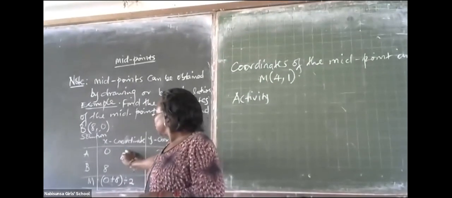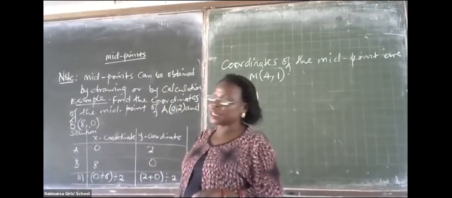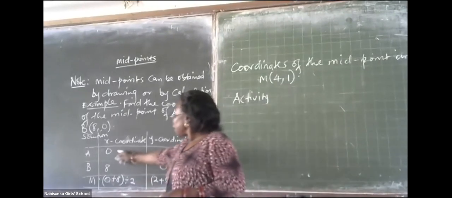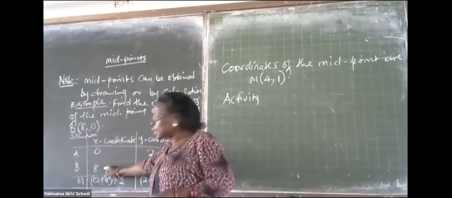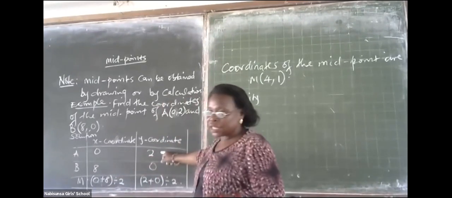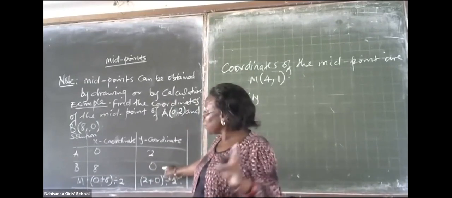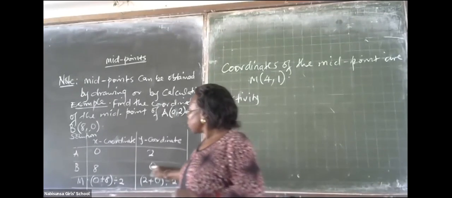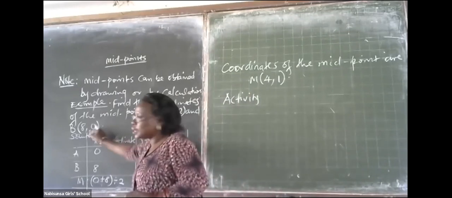So here we have the calculation method if you want to find the coordinates of the midpoint. I have used example Roman number 3, where we had the 2 points (0, 2) and (8, 0).